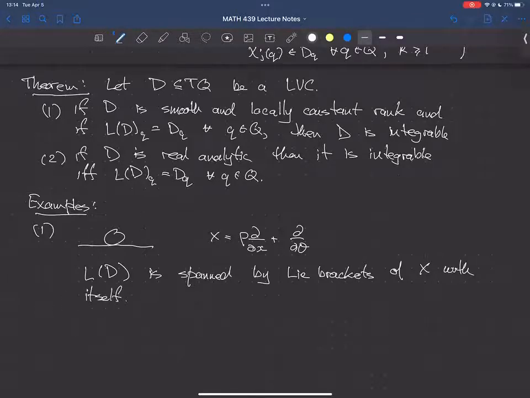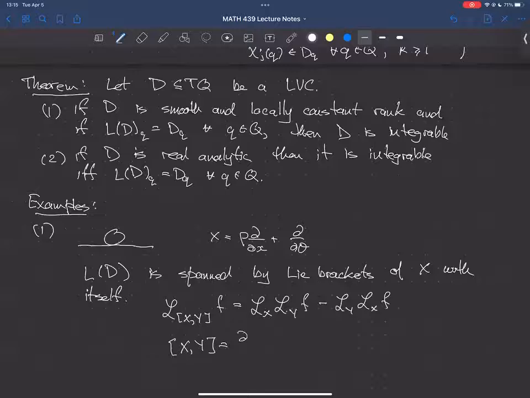But remember, there's two versions of the Lie bracket that I'll give you. One is the actual definition, and that defines the Lie bracket as a derivation. So remember that the formula was Lx, Ly. In coordinates, the Lie bracket looks like this. So I'm using q's here.